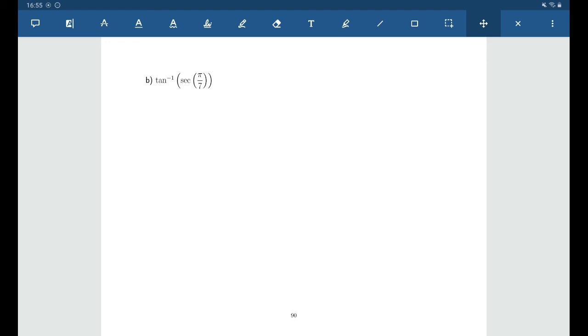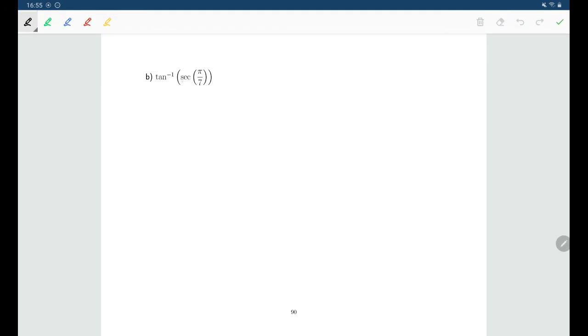If you wanted to evaluate it directly, you run into a problem right away, because secant of pi over 7 is not really a nice value that we can find right away. But this is something where we could use our calculators. The first thing I might do is find out what is secant of pi over 7, and then evaluate what is tangent inverse of that.